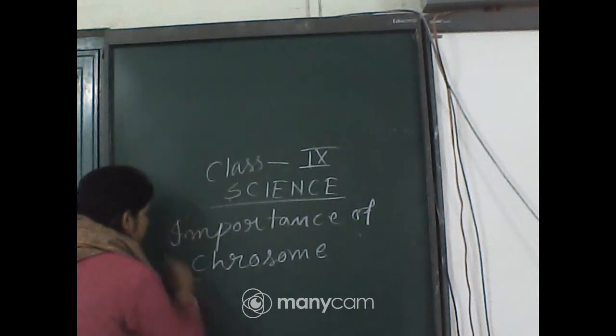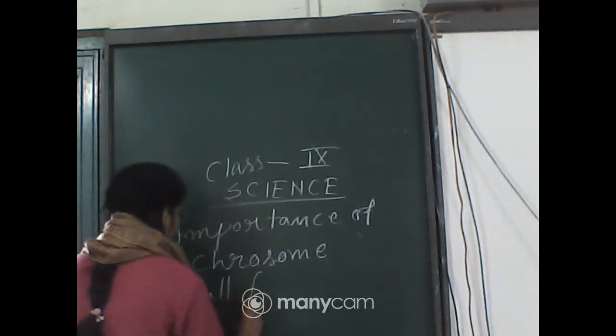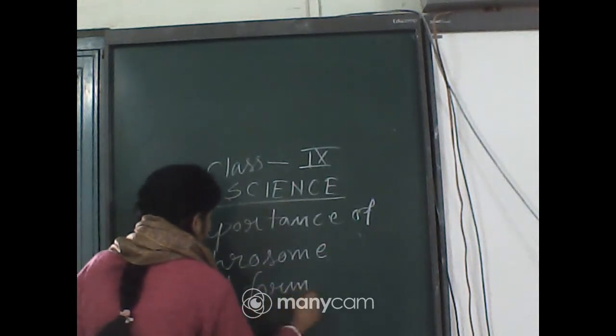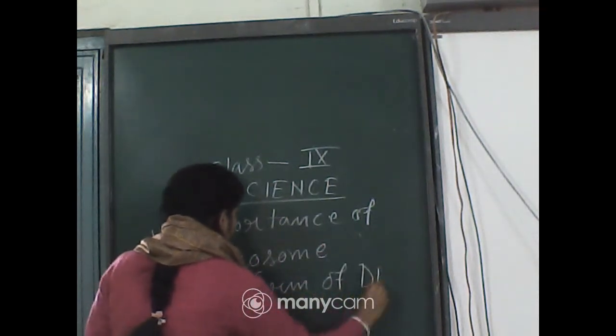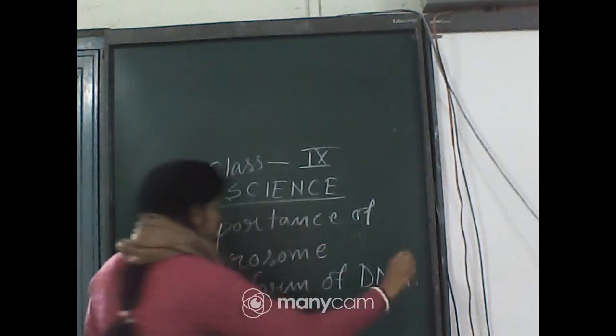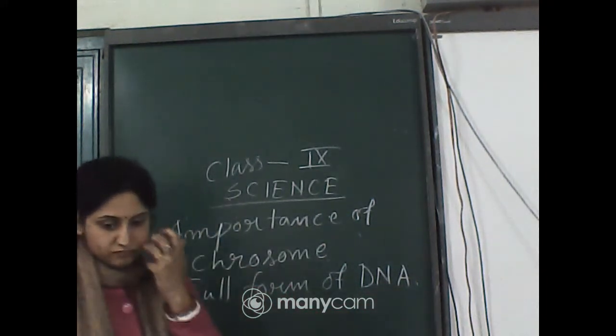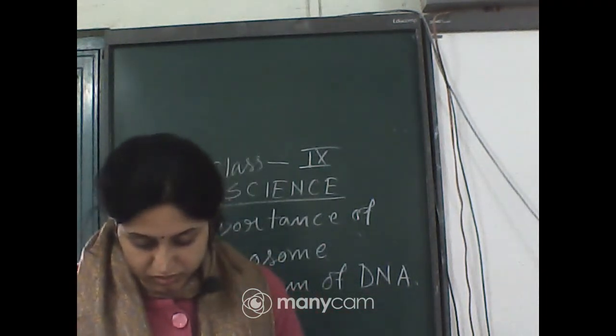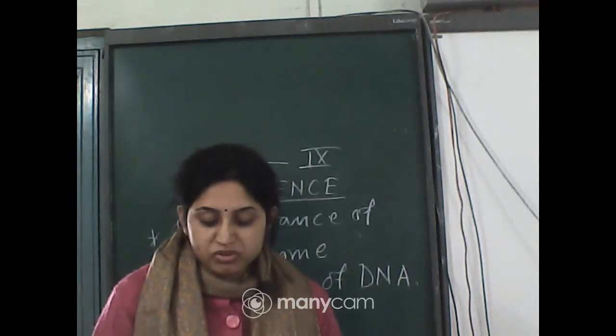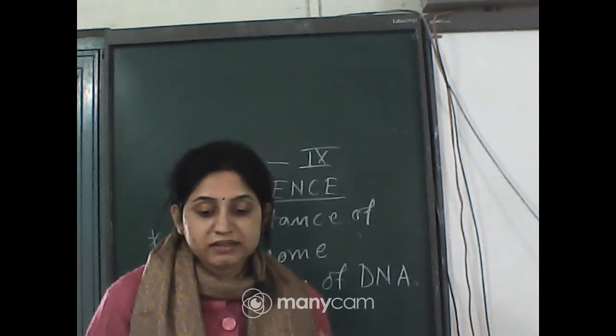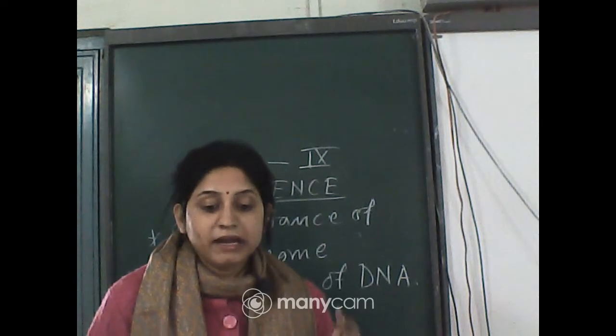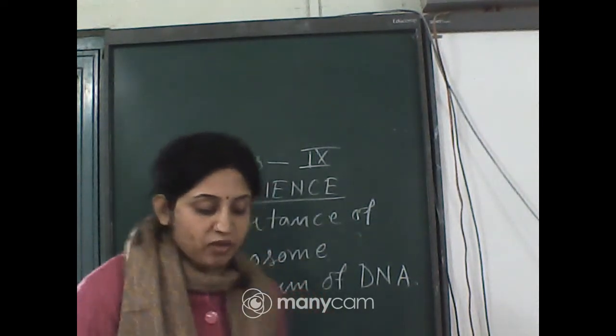What is the full form of DNA? Chromosomes are composed of DNA and protein. So what are the components of the chromosome? DNA plus protein.